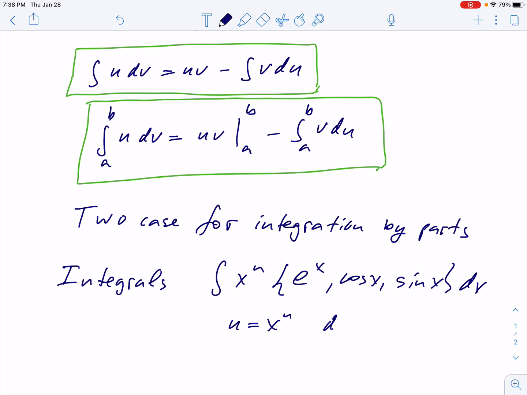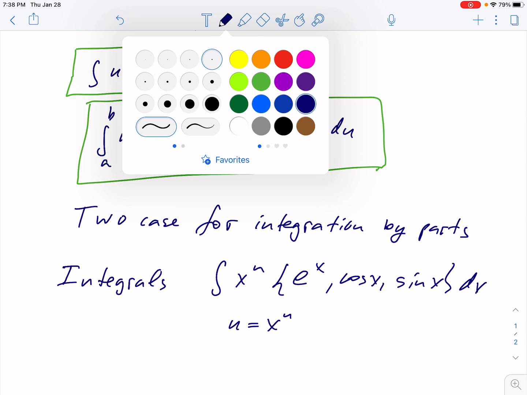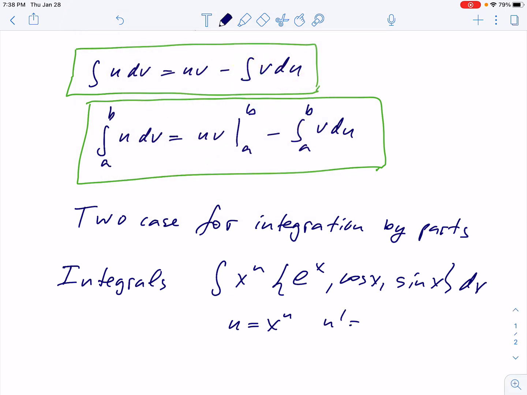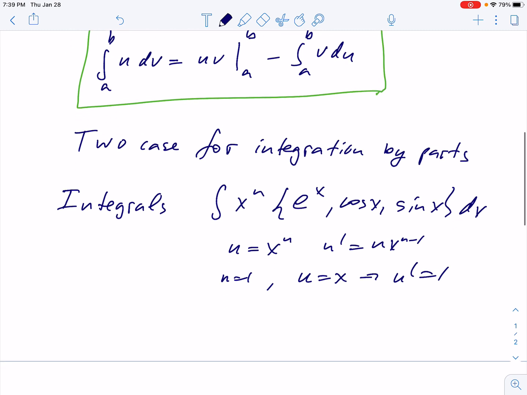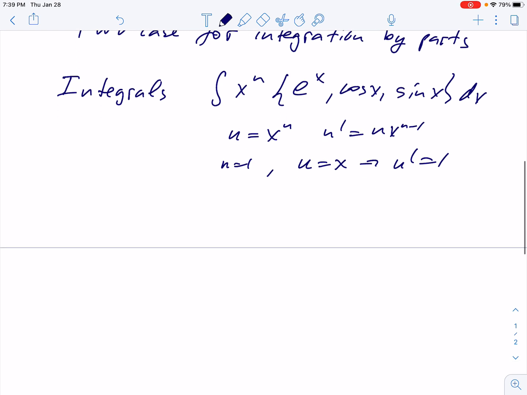Then u prime will be nx n minus first, so the power is reduced, and we can repeat several times until x actually disappears. For instance, when n equals 1, and if you have u to be x, then u prime is just 1, x will disappear. So we shall study such cases, but I want to mention the other class of integrals first.